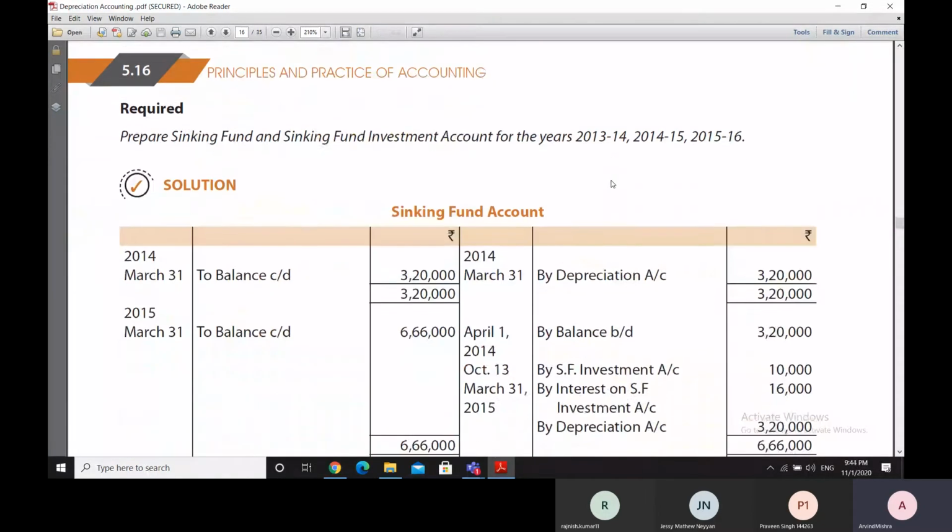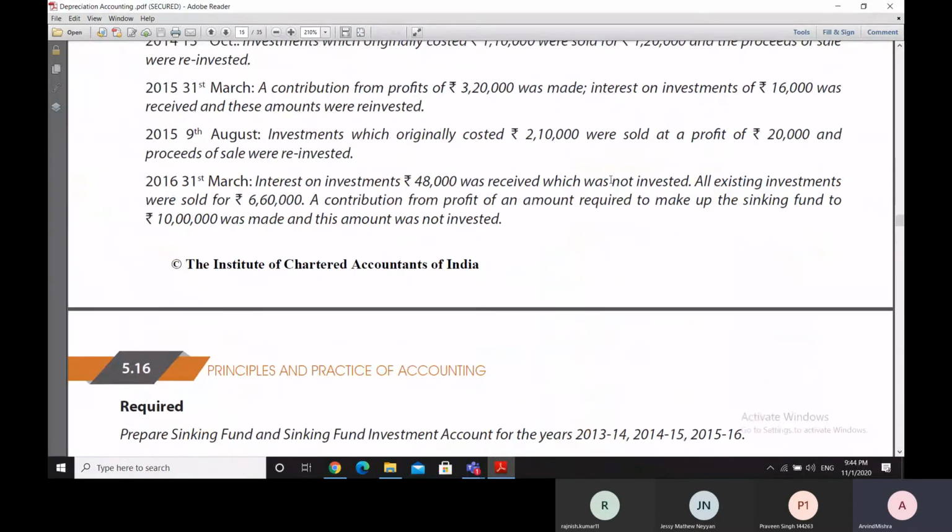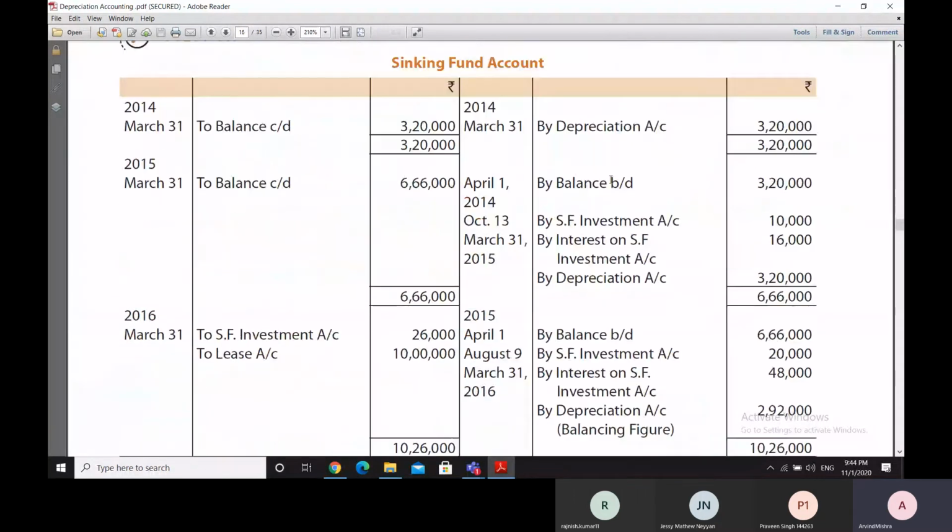This profit that we are making by selling the investments is being transferred to the sinking fund account so that we can make further investment in the sinking fund investment account. So the additional profit generated in the sinking fund investment account is being transferred to the sinking fund account by crediting the sinking fund account and debiting the sinking fund investment account by 10,000 rupees.